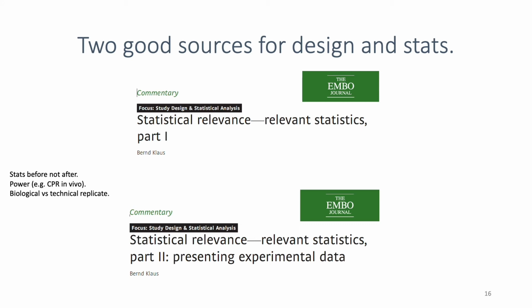When we're talking about statistics and design for the experiments, we use for our students, for example, two commentaries from the EMBO journal, which are very helpful in guiding us for how to design an experiment and the statistics relevant to those designs. For example, power, how you do a power analysis.